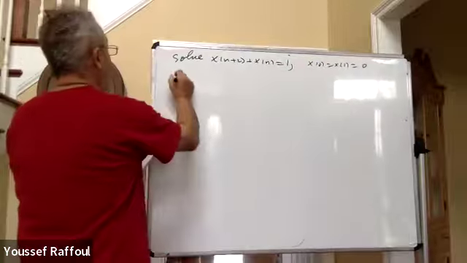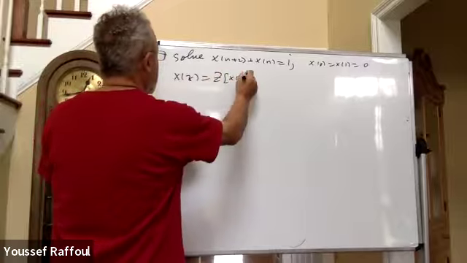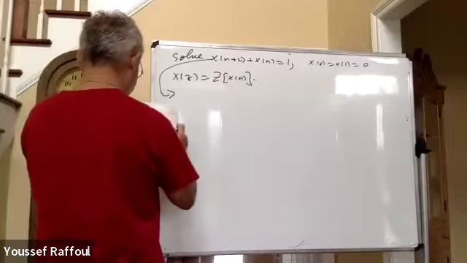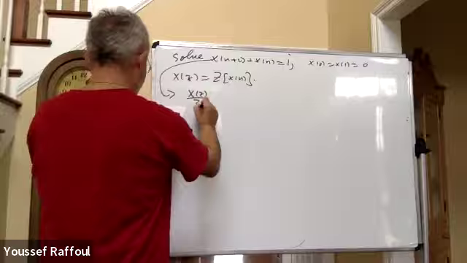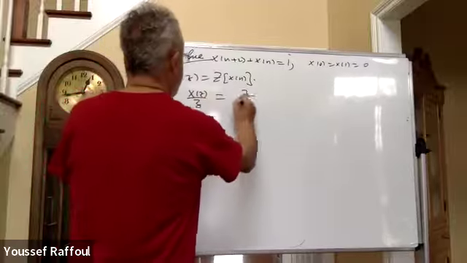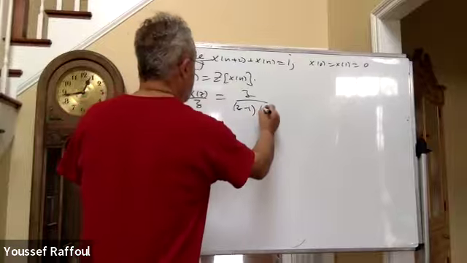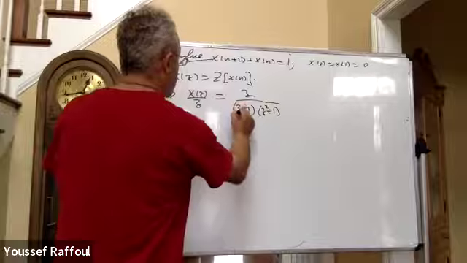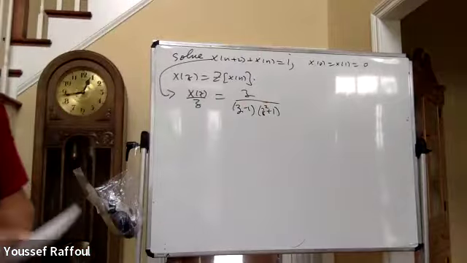So again, if we let X(z) be the Z transform of x n, then this becomes X(z) over z equals z over z minus 1 times z squared plus 1. Okay? If we write it like this.